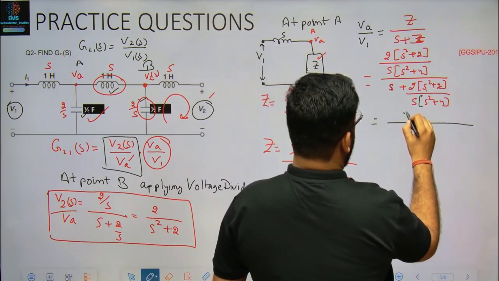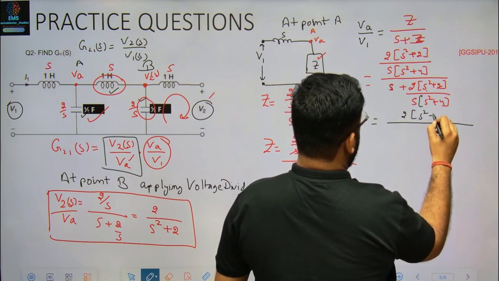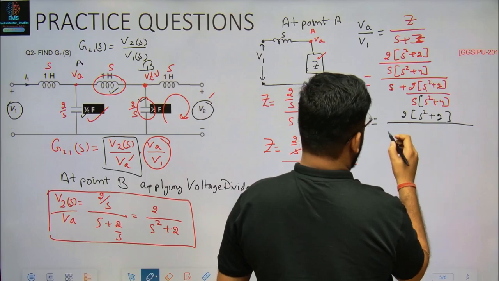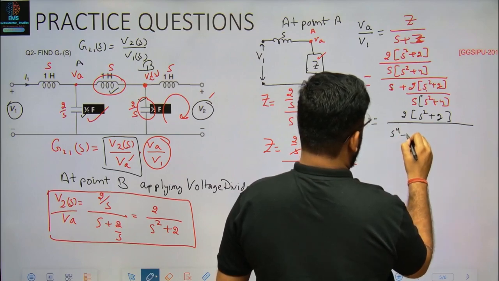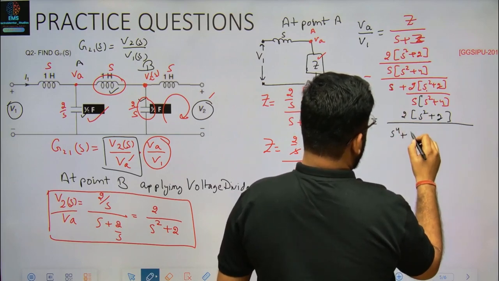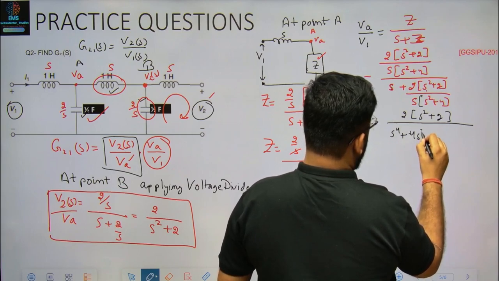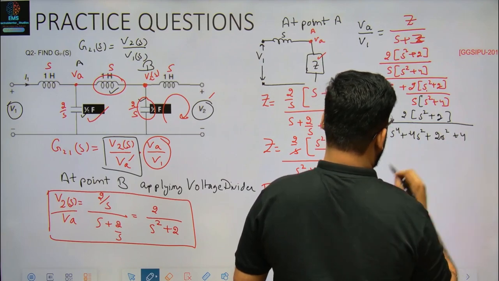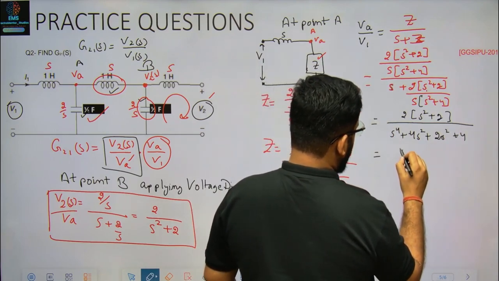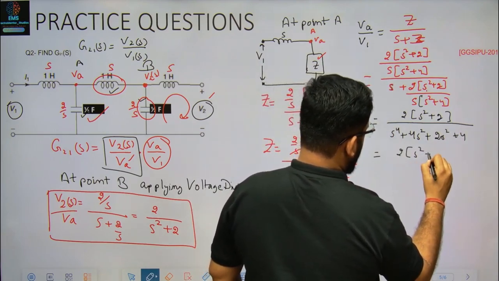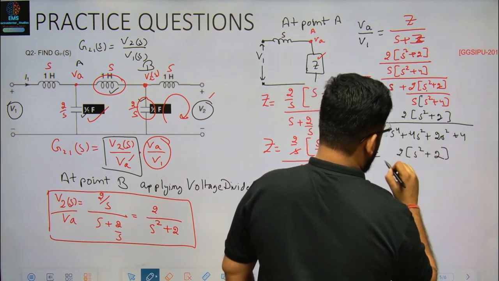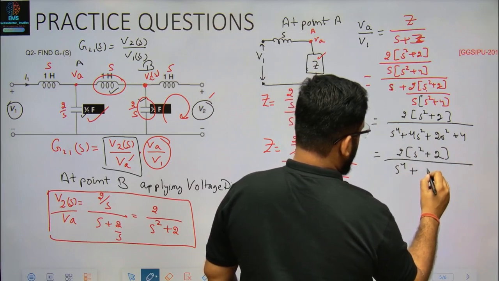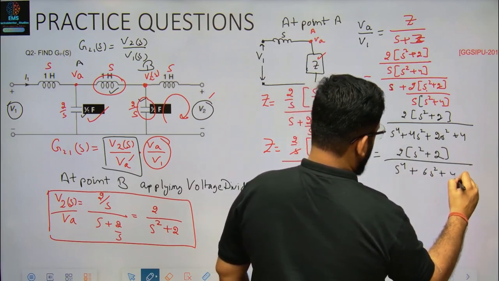So overall it would be 2 S square plus 2. This will come up S cube plus 4S. So it will be S4 plus 4S square plus 2S square plus 4. So this will give me 2S square plus 2 divided by S4 plus 6S square plus 4.